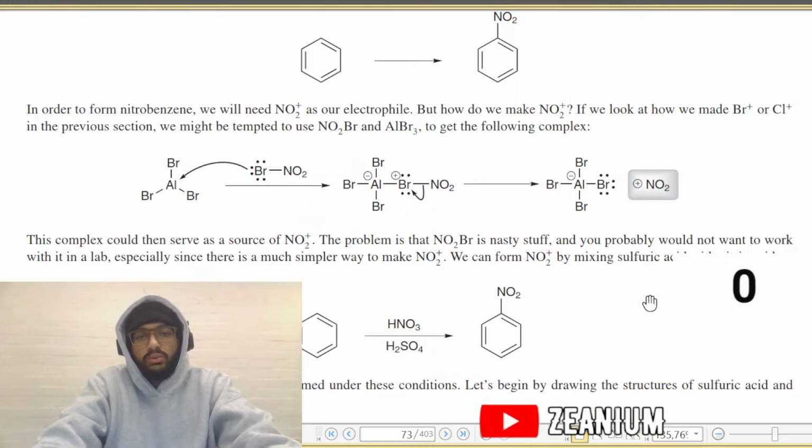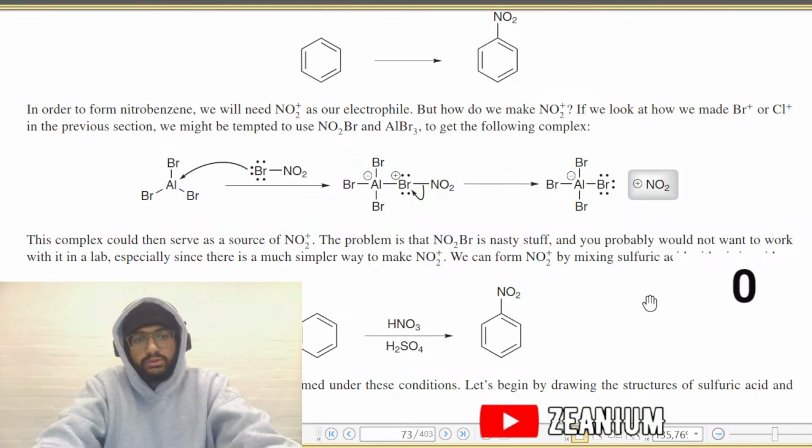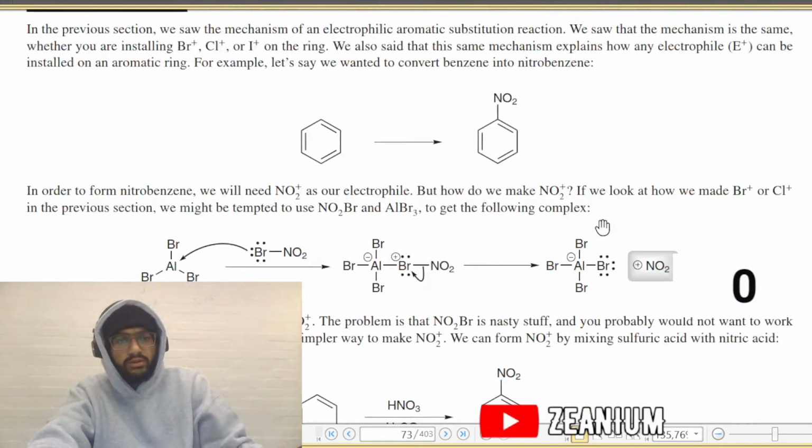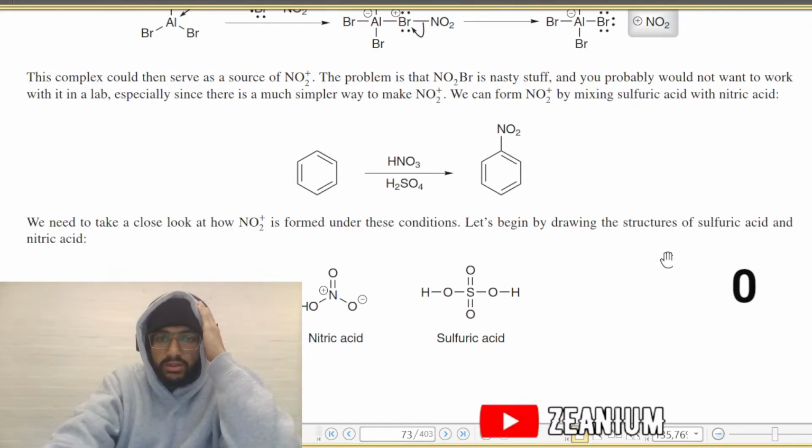Okay, so the NO2Br attacks the aluminum tribromide, which then creates this complex, and the nitro group then jumps ship. Okay, so we get, oh, that's pretty easy. This complex could serve as a source of NO2+.